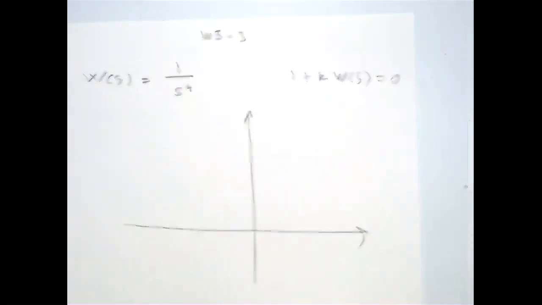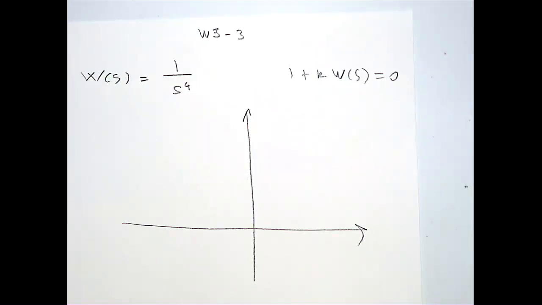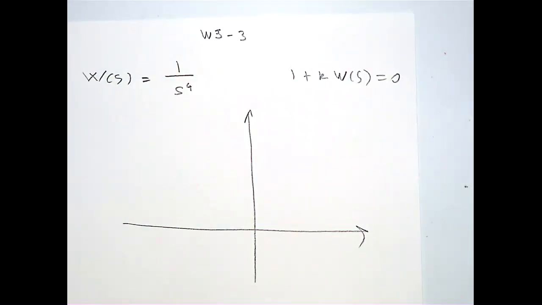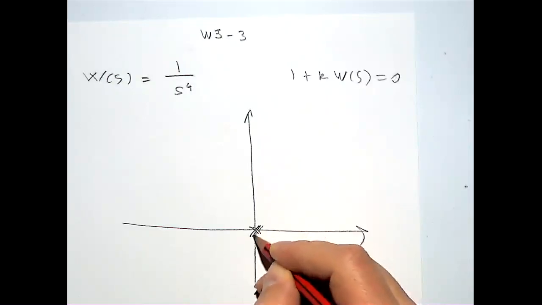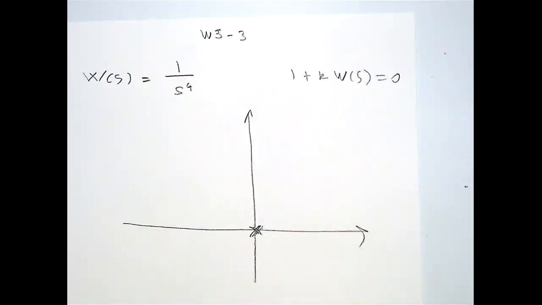How many poles do we have? Open loop poles, 4. They are all at the origin. So there are 4 at the origin, right? Now, what is the number of branches here? 4. We have no zeros, 0 zeros, 4 poles. The maximum of 4 and 0 is 4. There are 4 branches.